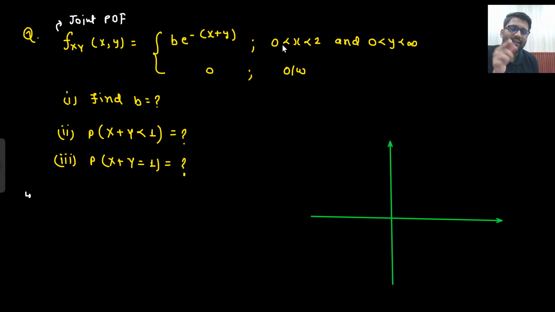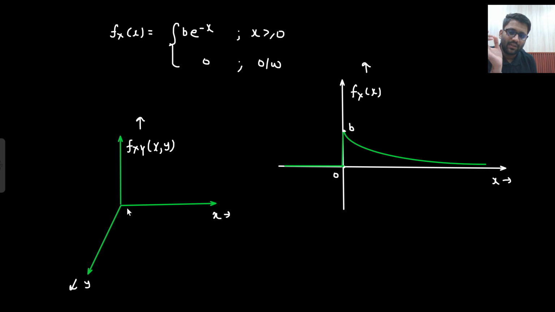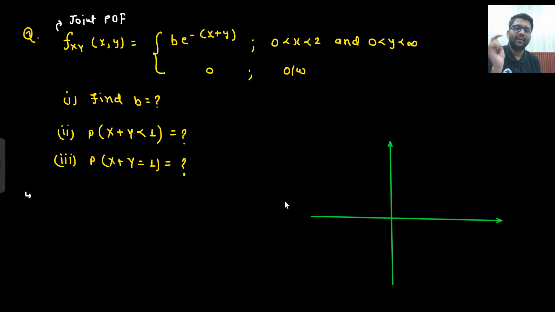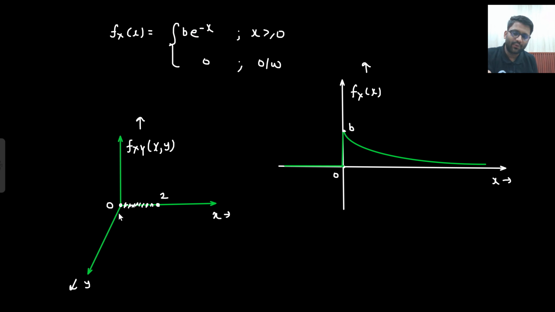So here they are saying x takes values from 0 to 2. This is the line of x, so this is the range of x. There x was taking values from 0 to infinity. Here x takes values from 0 to 2, and y takes values from 0 to infinity.